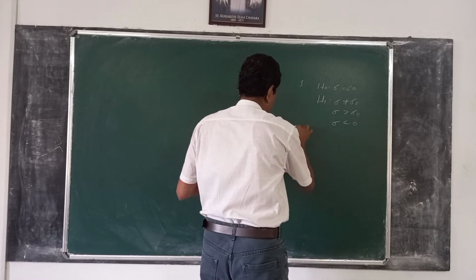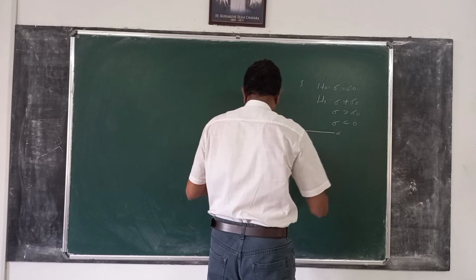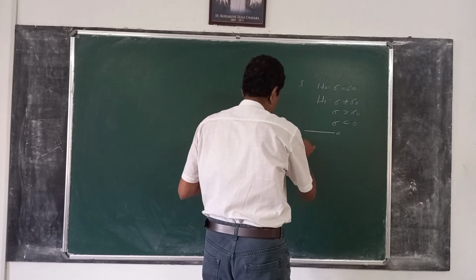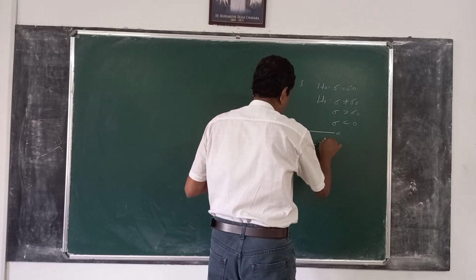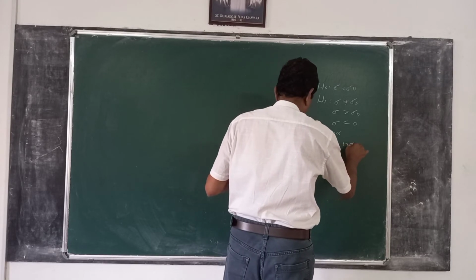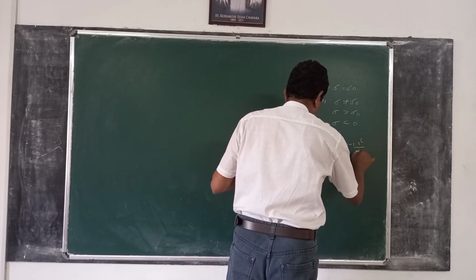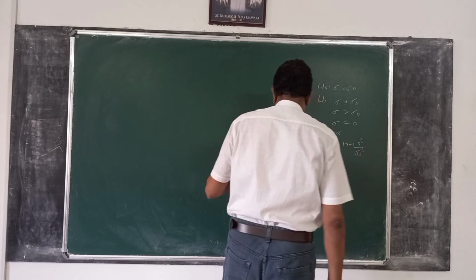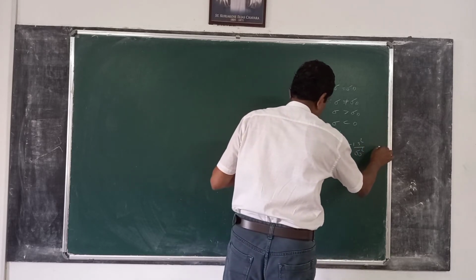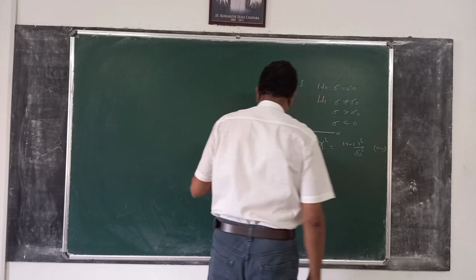Second step is determine the value of alpha. Third step is compute the value of chi-square is equal to n minus 1 into s square by sigma square 0 with the degrees of freedom n minus 1.